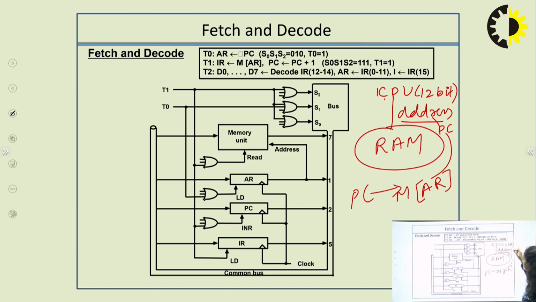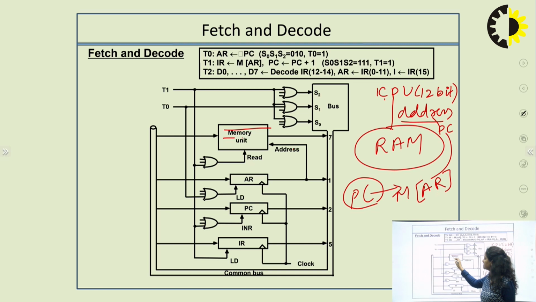It will initiate the process that will be stored in the program counter, and then from the program counter it is copied to the AR register, and from the AR register we will come to know at which location we have that instruction in the memory, and at that location that particular instruction is searched and then loaded into your IR register, that is your 16-bit instruction register, where we will segregate it into 3 parts, that is address, opcode and the mode bit.